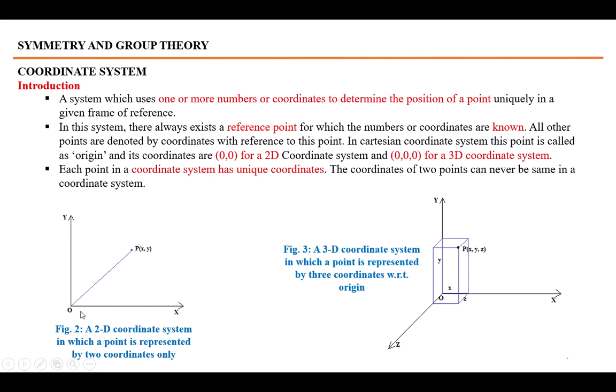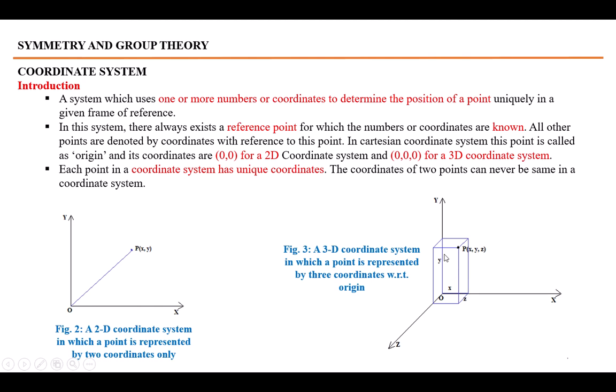Each point in a coordinate system would have its unique coordinates, and the origin is called a reference point in each coordinate system, and the coordinates of the origin are always known. Here this origin has 0, 0 coordinates for a two-dimensional system, while for a three-dimensional system this origin would have 0, 0, 0 coordinates, and here the point P or any point is denoted by three coordinates: along the x-axis, along the y-axis, along the z-axis. All these lengths which are parallel to the x-axis will be taken to be x.